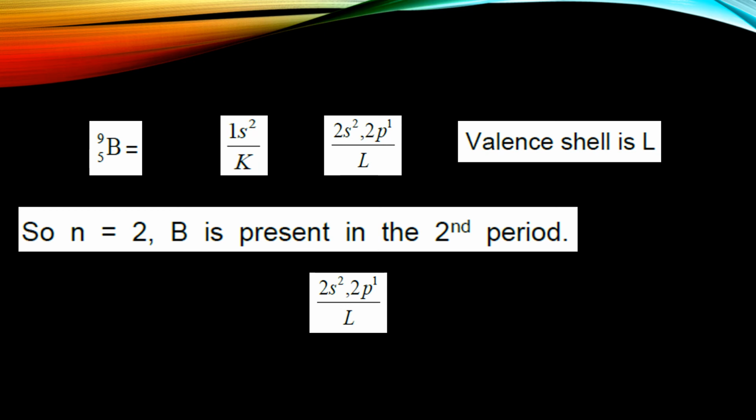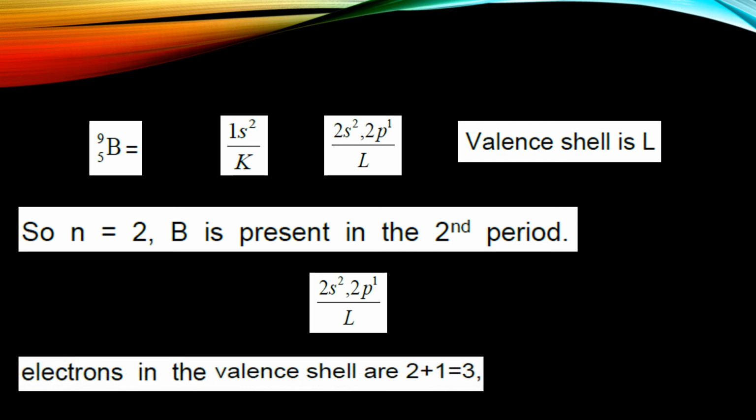As the L shell is the valence shell, it contains 3 electrons, 2 electrons in the 2s orbital and 1 electron in the 2p orbital. So there are a total of 3 electrons. It means this boron is present in the 3A or third A group. So the period number of boron is 2, second period, and group number is third A.